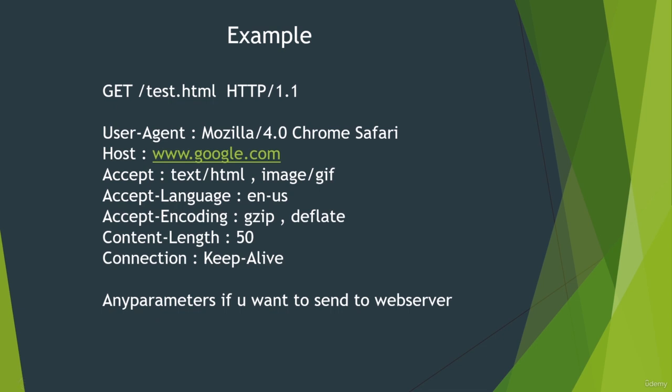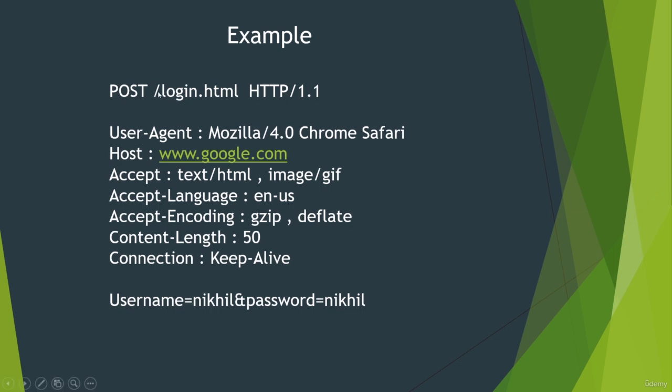So let's see another example, of the POST request. You can see POST /login.html. What I'm going to do is post some data to this login.html on the web server side, and the protocol I'm using is HTTP 1.1.